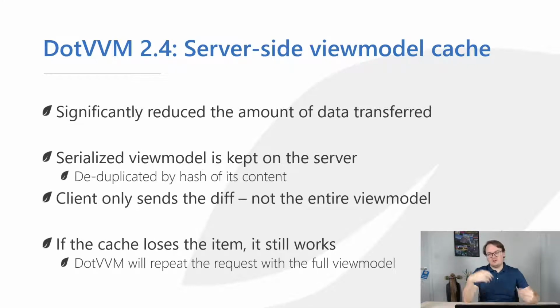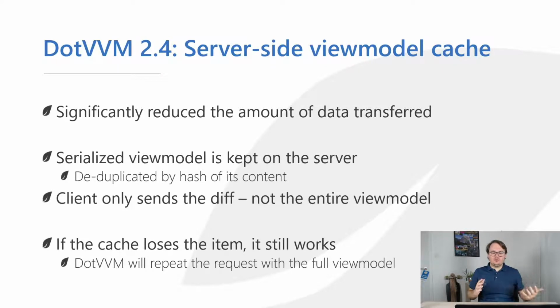And .vvm will do it as a second request, without the user actually noticing. The only problem is that it will be slower than usual, but still it will work. So there will be 2 requests, and the .vvm will basically repeat the request with the full viewModel, and the server will be able to actually process the request. Yeah, so this is nice.